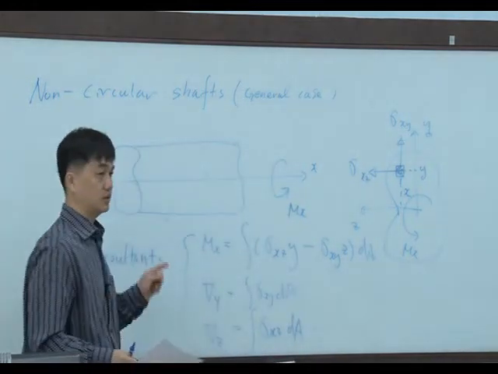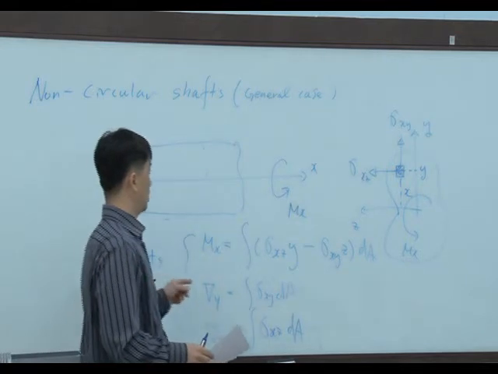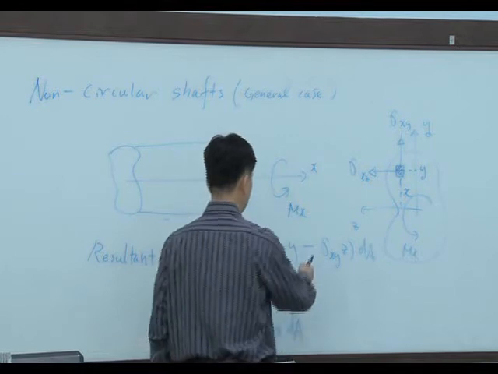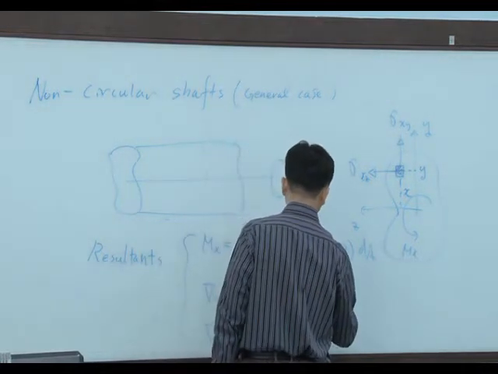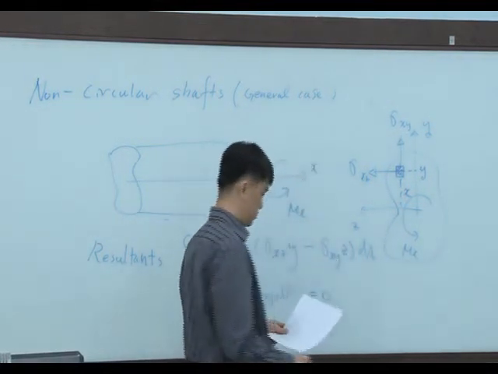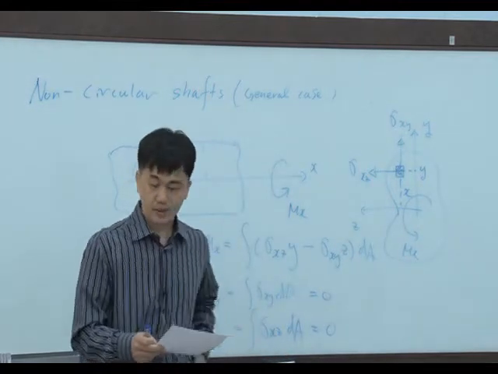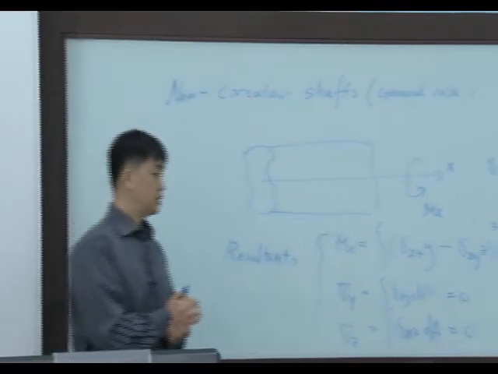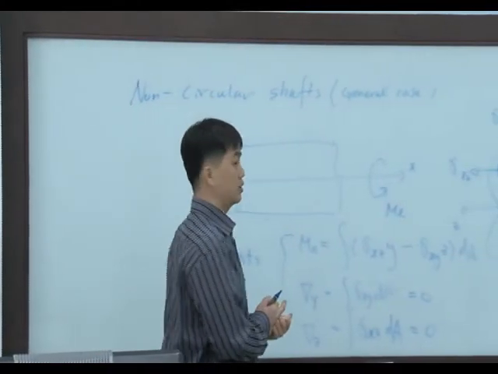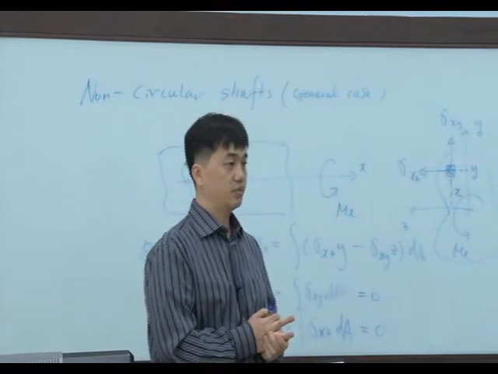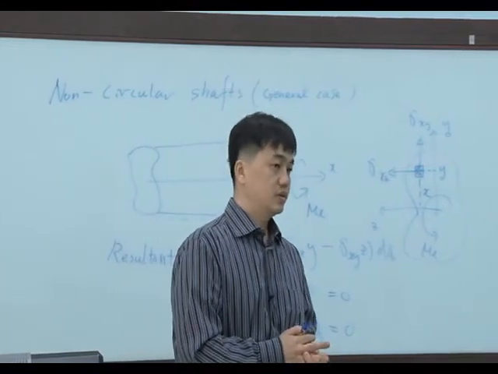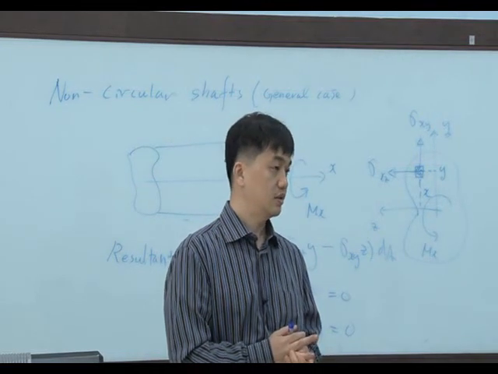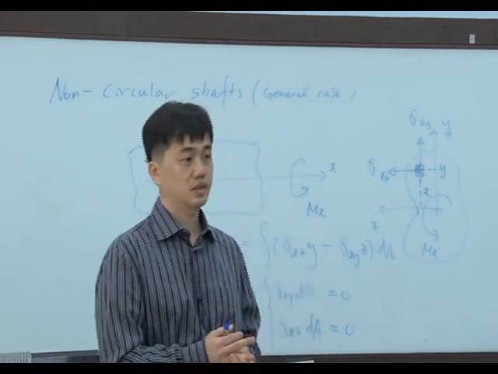But in this case, we need to remember that only the twisting moment mx is applied. So mx is not zero, but the shear forces should be zero. Okay? Maybe I need to continue the general theory for the twisting problem in the next class. Okay, any question?